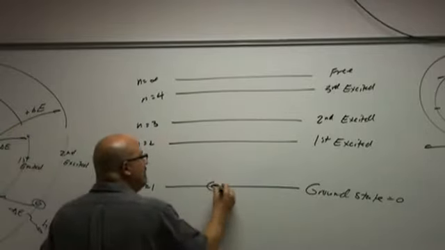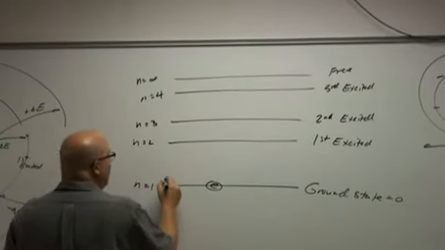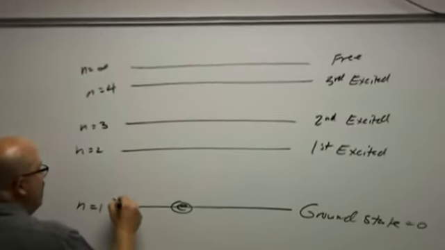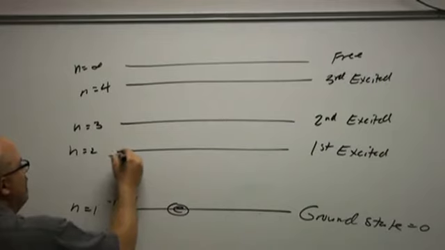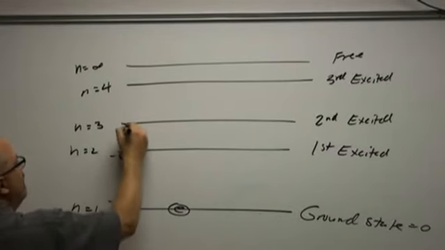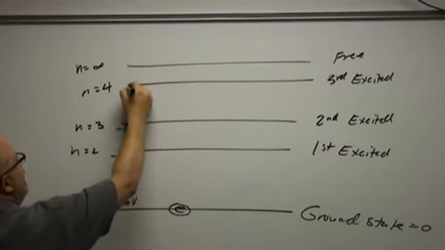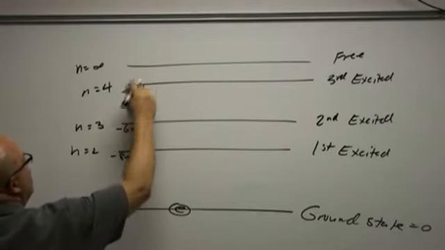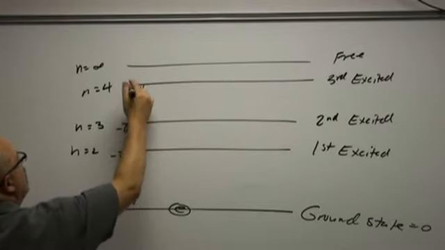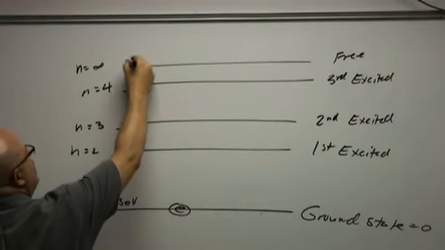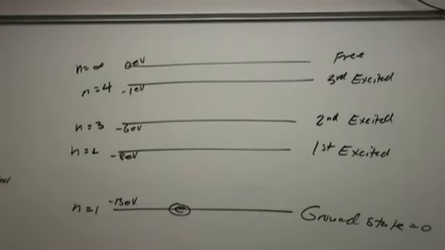The electron starts down here, and I'm going to give you some numbers. Let's call this negative 13 eV. Call this negative 8 eV. Call this negative 6 eV. Negative 2 eV. Actually, make that negative 1. And then make this 0 eV up here, because once you get up to 0, they're free. Now, the reason why they usually use a negative numbering system is because negative means trapped or bound.